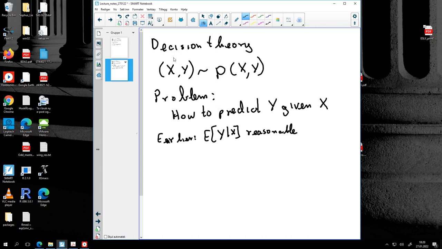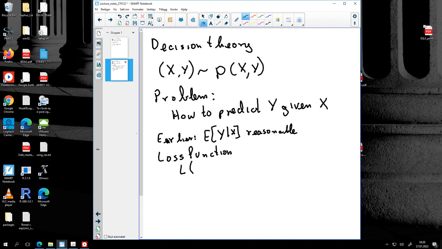But in order to formalize this, decision theory is based on defining what we call a loss function. I should warn you that this will be a bit more mathematical than many of the other things that we will discuss during the course. So we define a loss function, saying something about how we evaluate how bad we are doing.